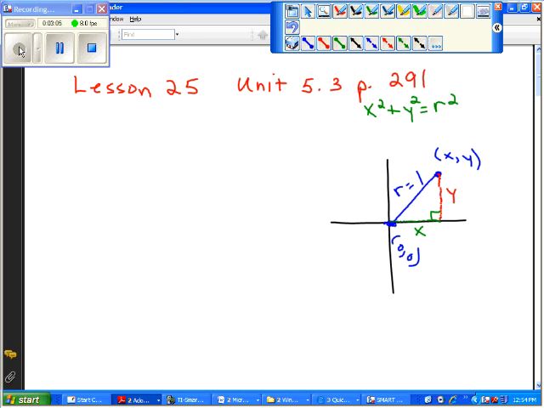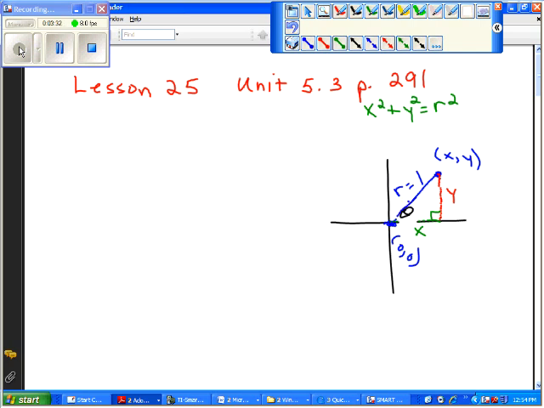This angle in standard position, if we call that angle theta, that little fish-looking thing, okay? That's alpha, isn't it? I'm sorry. Let's use theta. Let's talk about an angle theta instead of alpha.